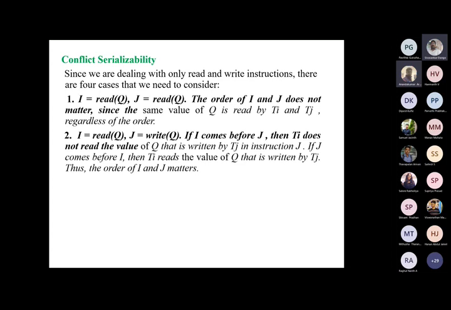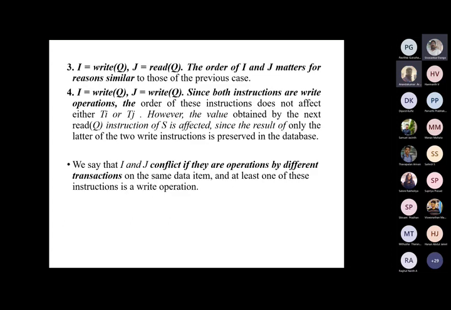However, if one transaction is going to perform read operation on a data item capital Q and another is going to perform a write operation on a data item capital Q, right? Then the order of the occurrence of the instruction matters, right? So the third case is going to be transaction Ti performing write operation on a data item capital Q, and transaction Tj performing read operation on a data item capital Q. Here also the order of I and J matters for the reason similar to the previous case.